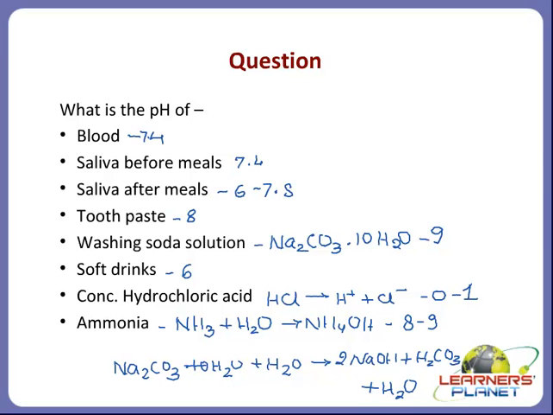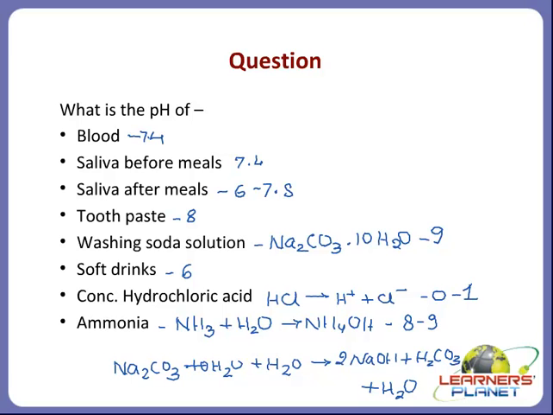I hope it's clear to you, and I would like to suggest that there is no need to mug up the exact values. You just need to identify whether it is acidic or alkaline, and you can put a range there.